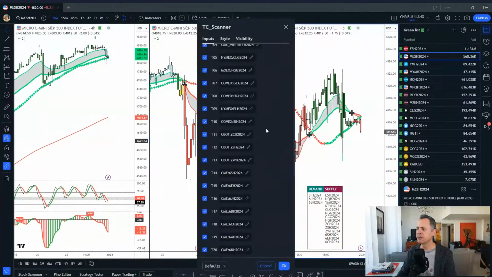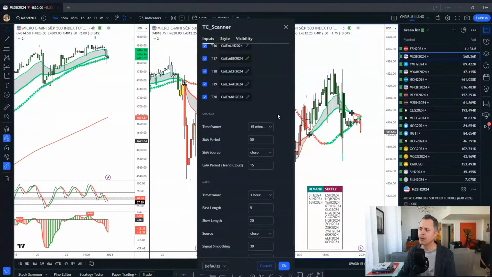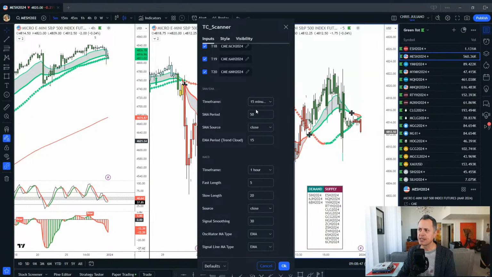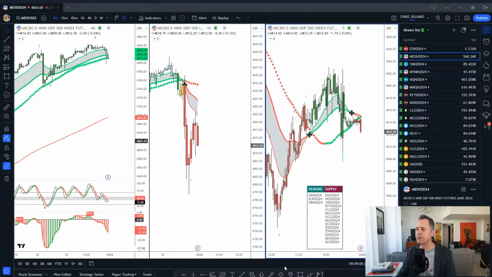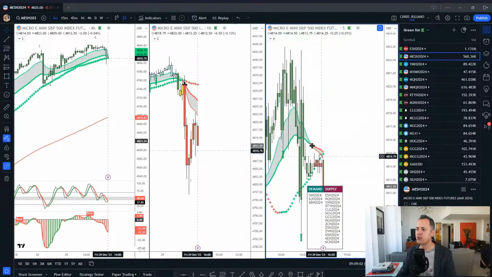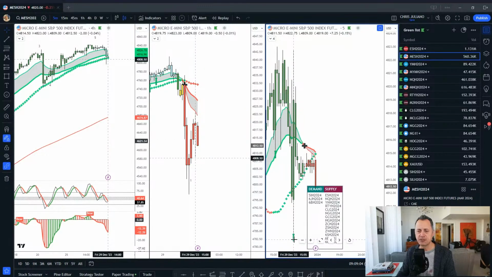And if we take a look at the inner workings here, I have this set right now for the 15-minute trend and the 1-hour momentum, okay? And the reason why we did that was because we're using the actual signals here on the 15-minute chart.